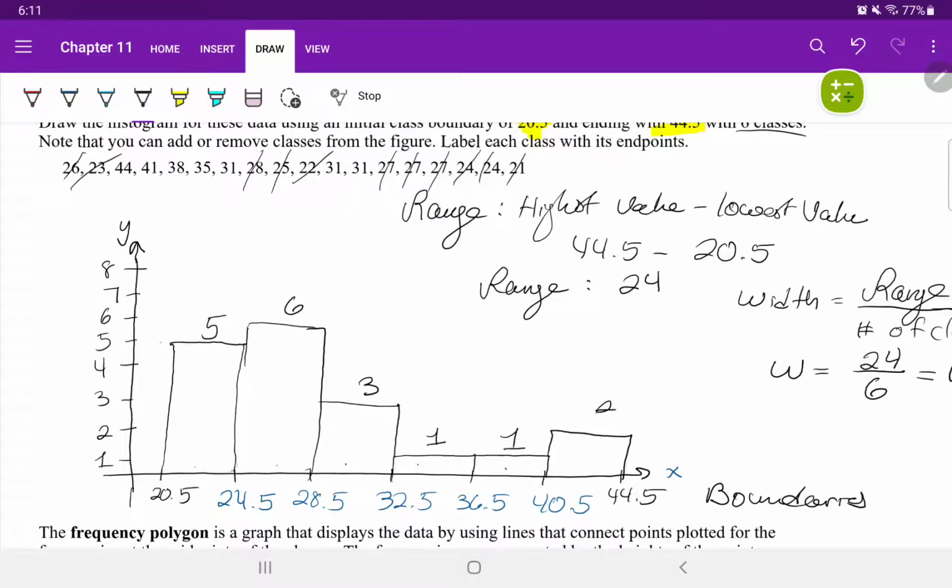There we go. Between 28.5 and 32.5, that is 1, 2, and 3. Between 32.5 and 36.5, that's only going to be 1. Between 36.5 and 40.5, that's 1. Between 40.5 and 44.5, that's 2.